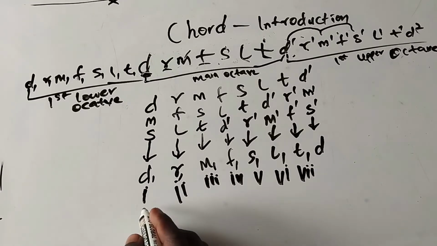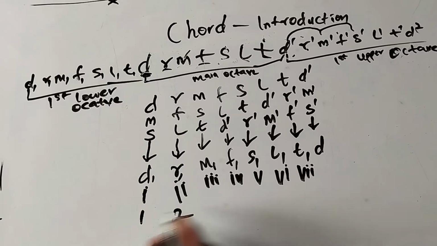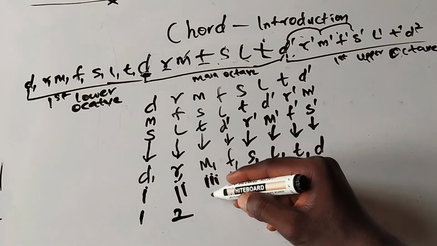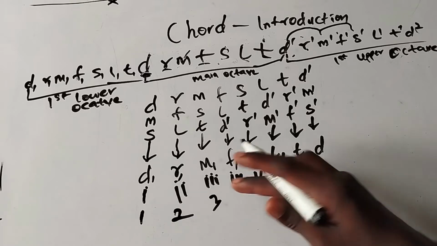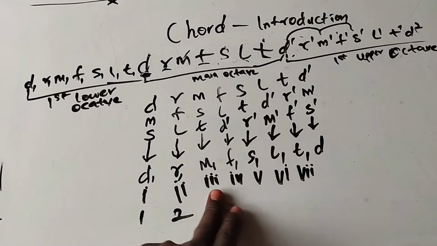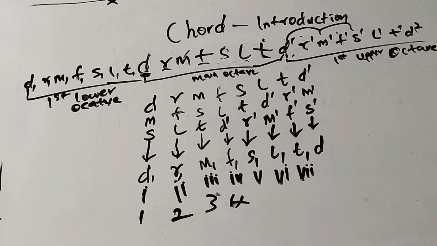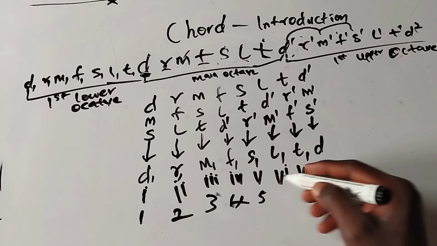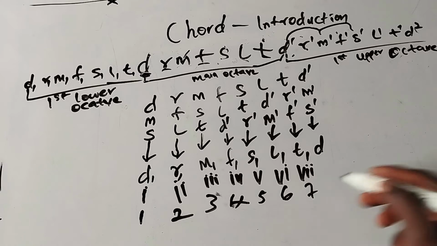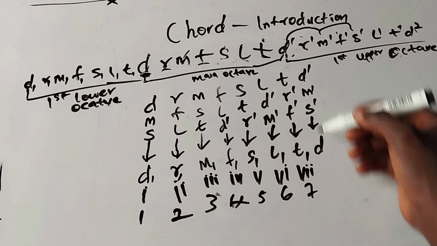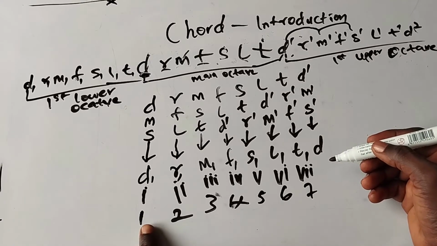So you can name it as 1, 2, 3, 4, 5, 6, and 7. The number 8 is just the same thing as number 1.